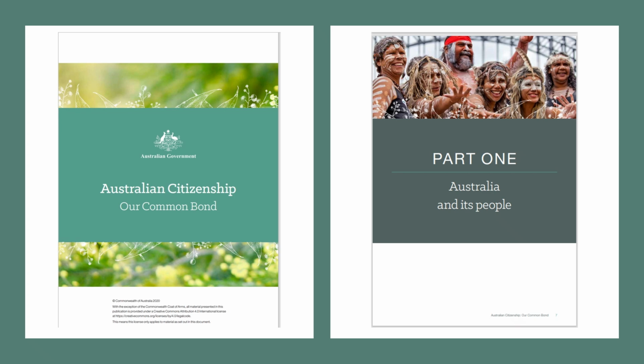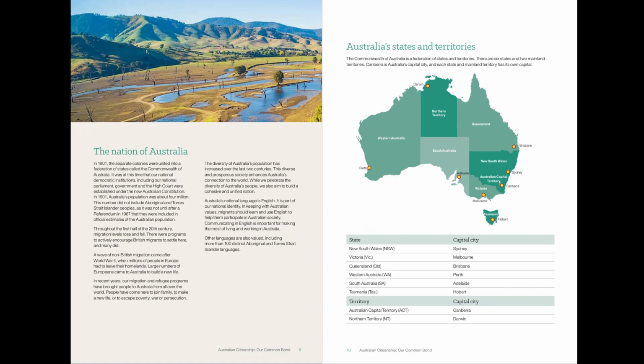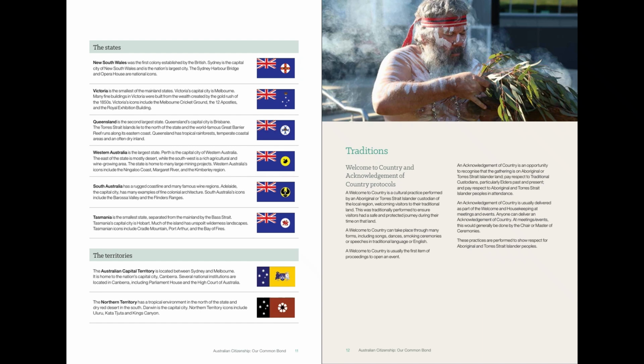Before viewing the practice test questions in this video, it's a good idea to review part 1 of the study booklet, Australia and Its People. It covers topics such as Aboriginal and Torres Strait Islander peoples, the early days of European settlement, the nation of Australia from Federation to post-war times to the modern day, and Australia's states and territories, as well as Australian traditions such as the Welcome to Country and Acknowledgement of Country protocols.